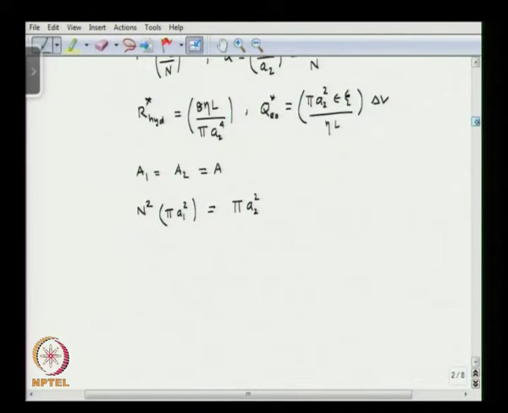With these definitions we can find out the hydraulic resistances and the electroosmotic flow rates for the two segments of the channel.